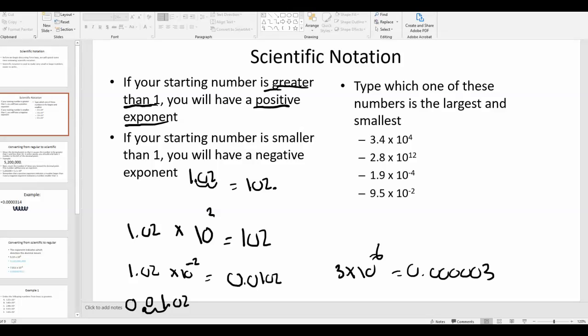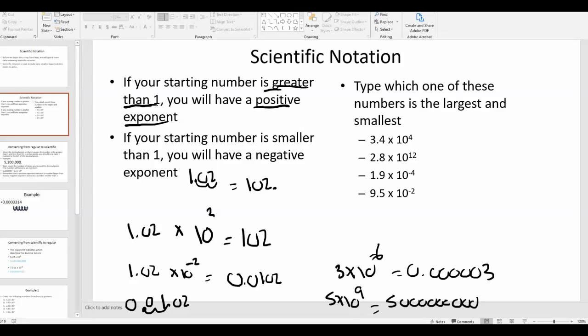Okay, it's a convenience matter. Okay, just like if we want to write 5 times 10 to the 9, that's way easier to write than 5,000,000,000. Okay, with 9 zeros. Okay, so scientific notation makes it easier to write a big number or a small number in shorthand.